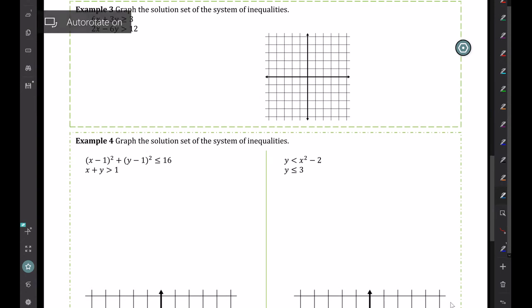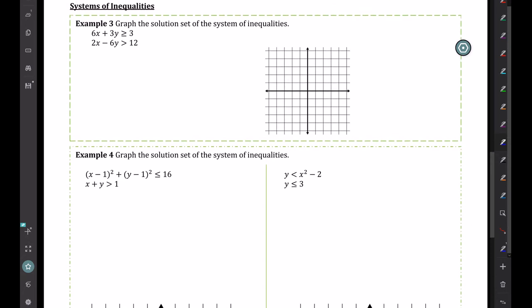Alright, now in example 3, we're going to do a system of linear inequalities. And so here you graph both lines and you shade both regions, and then the solution set is the part that's been shaded twice. So we have 6x plus 3y is greater than or equal to 3. And so I'm going to solve for y. So I get 3y is greater than or equal to negative 6x plus 3.